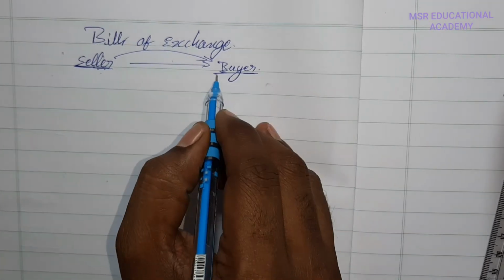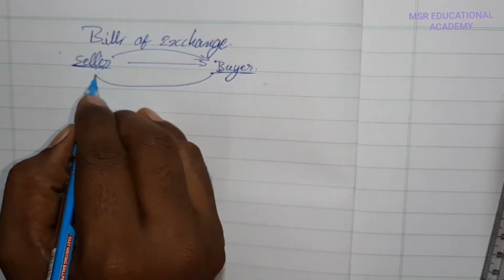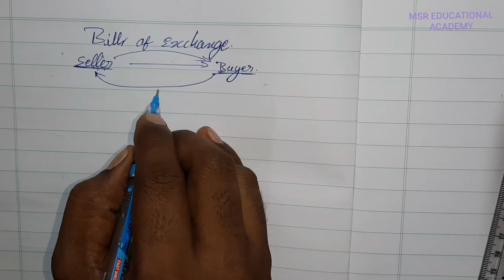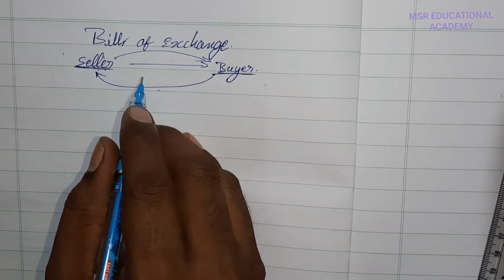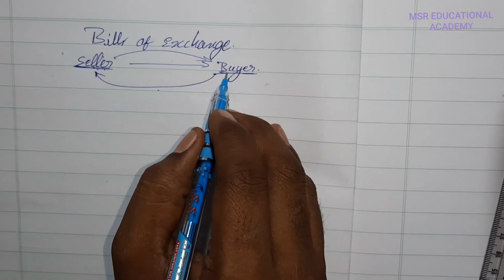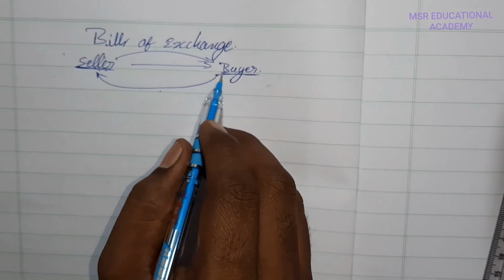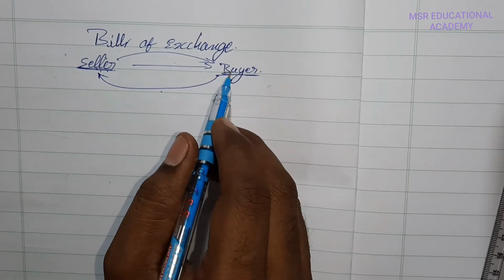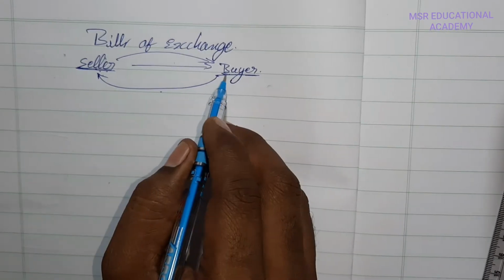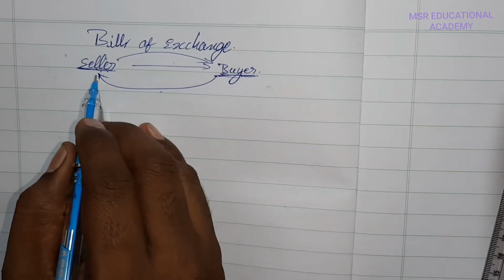That is only a credit transaction. The buyer, when will he pay? Maybe he will take 1 month, 2 months or 3 months, some time period. He has asked for some time for payment, some credit period.